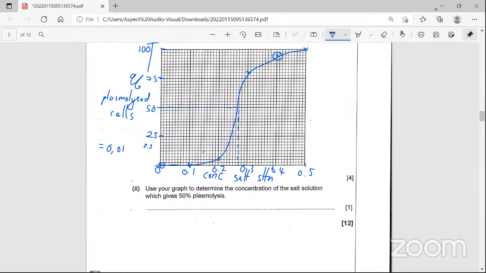What did you get? 0.25, 0.26, so that's that range. So if you say 0.25 plus or minus 0.02. Are we together? Plus or minus 0.02. That would be the range for that.